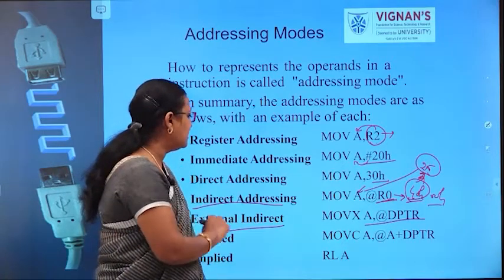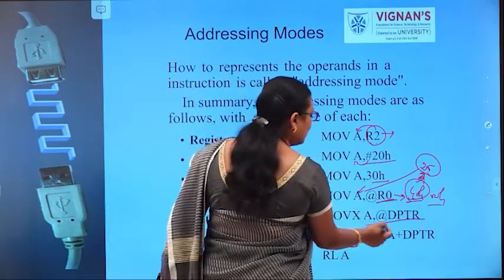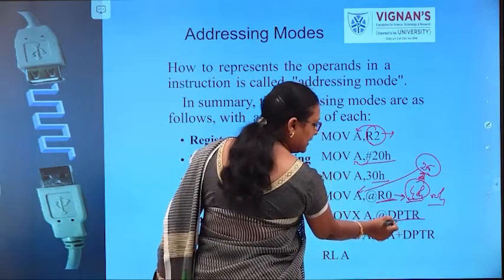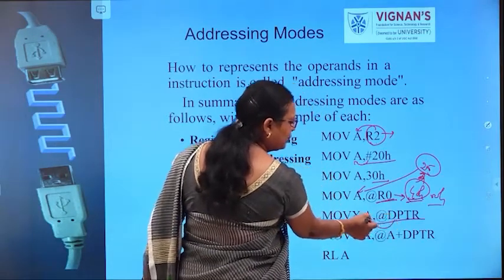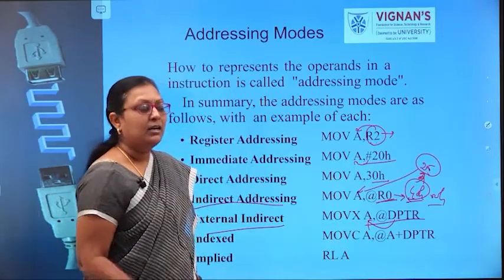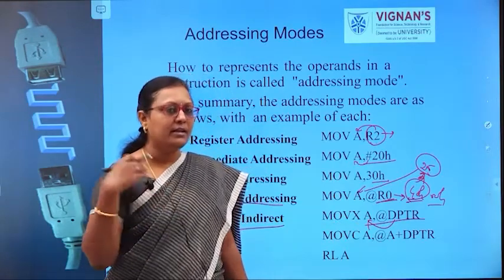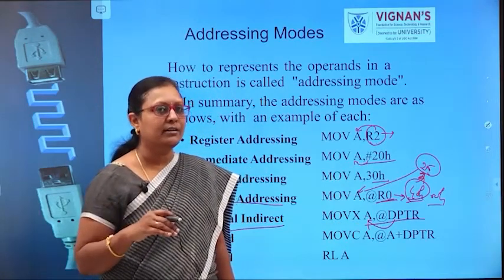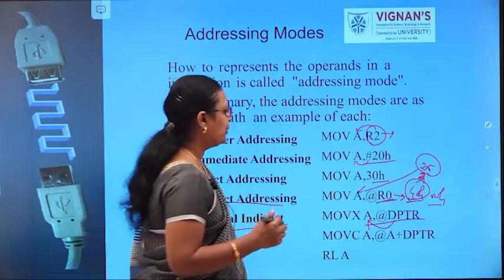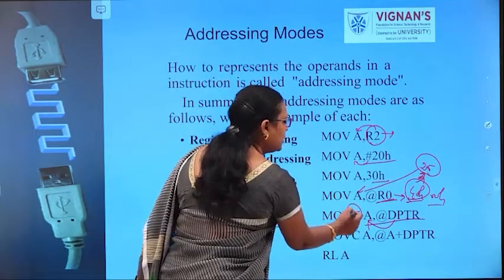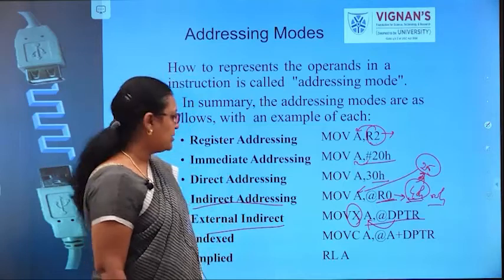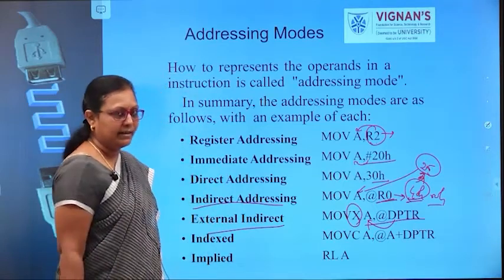So external indirect means the data will be moved from the address in the data pointer register to the accumulator. In order to specify the external memory and accumulator transfer, we represent it with MOVX over here. Okay, so this is called external indirect.